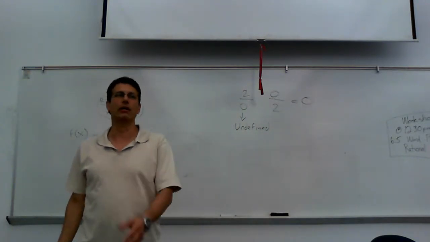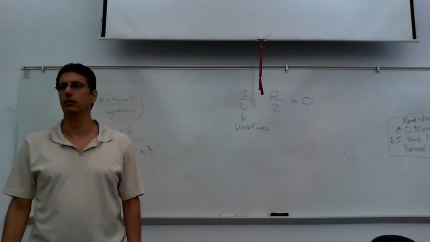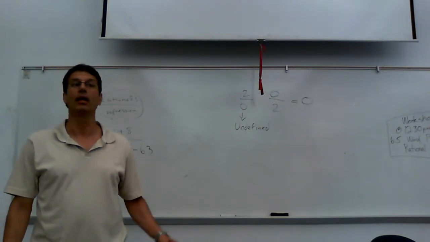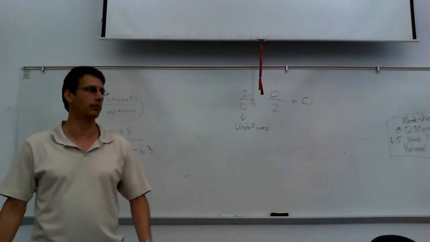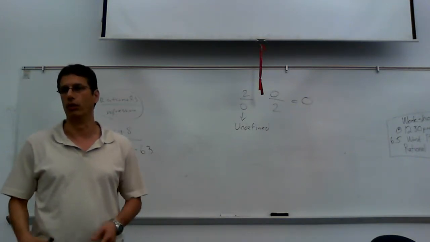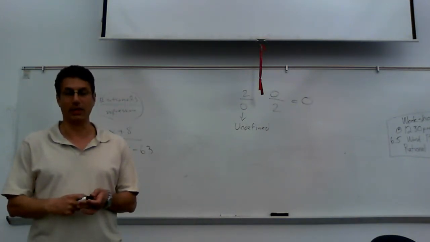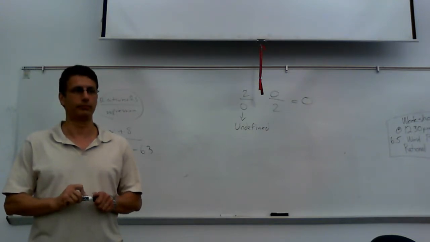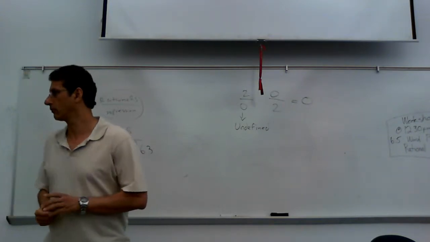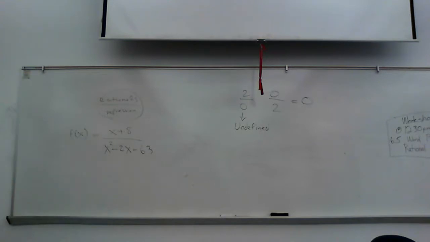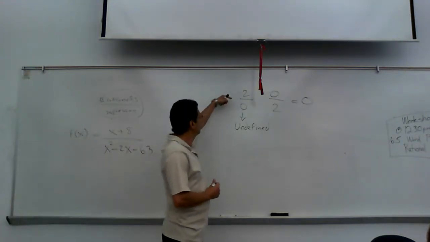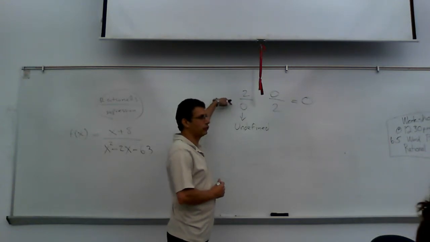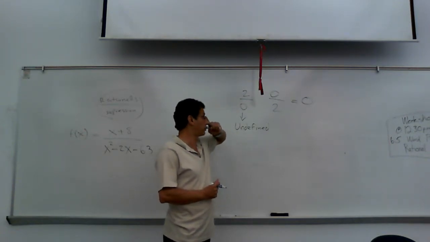Now, the same thing can be extended to rational expressions. Unfortunately, that's a common mistake that students mix up the two. I have no idea why. But here's the idea that might help you. A couple of things about 2 over 0 will help you see why it's undefined.